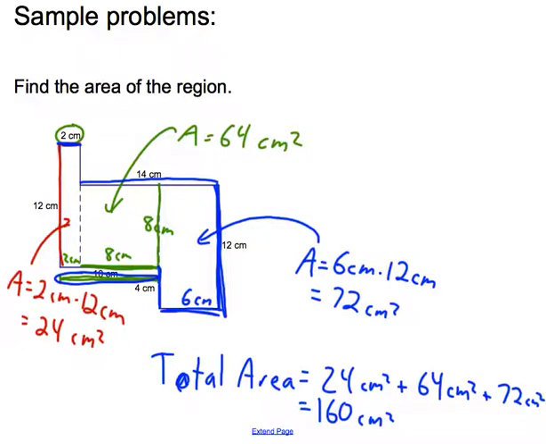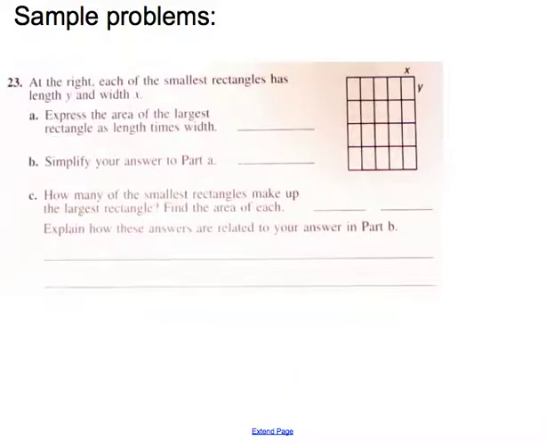One more quick example. At the right, each of the small rectangles has length y and width x. So they're calling this the length, that's y, the width is x. Express the area of the largest rectangle as length times width. Well, if this length is y, the whole thing is 4 of those.